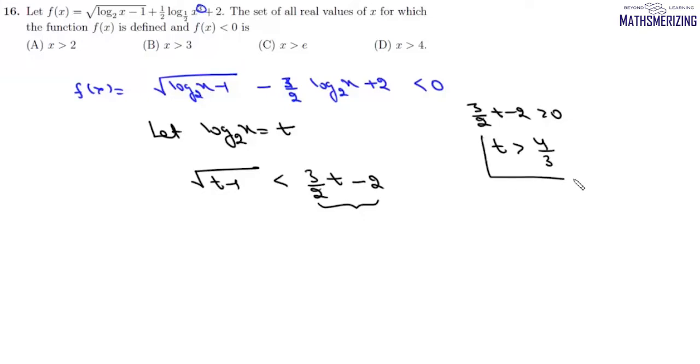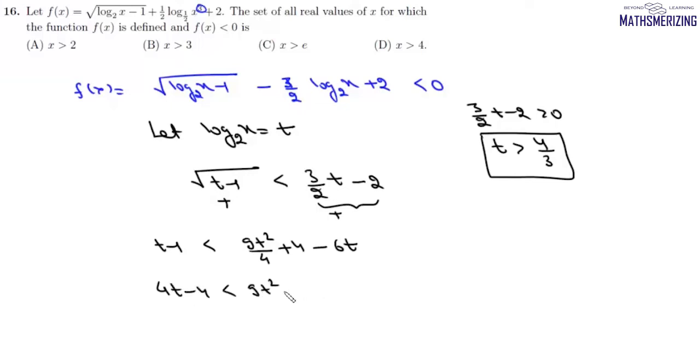Now considering t greater than 4 by 3, we know that both the expressions are positive. So in order to solve this inequality, we can square both sides. We can write t minus 1 will be less than 9t square by 4 plus 4 minus 6t. We'll write 4t minus 4 will be less than 9t square plus 16 minus 24t, that is 9t square minus 28t plus 20 should be greater than 0.